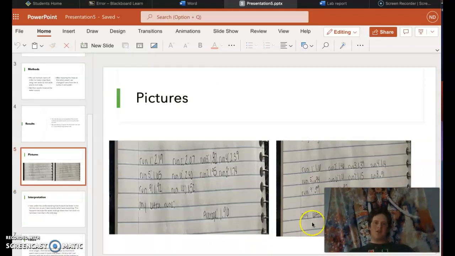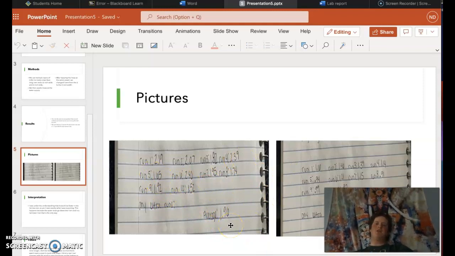Here's a picture of our results, and as you can see, it varied a little bit for the bigger river. There was a 2.4 and there was a 1.65. I think that happened because it was wider, so the water wasn't all going down the exact same space.